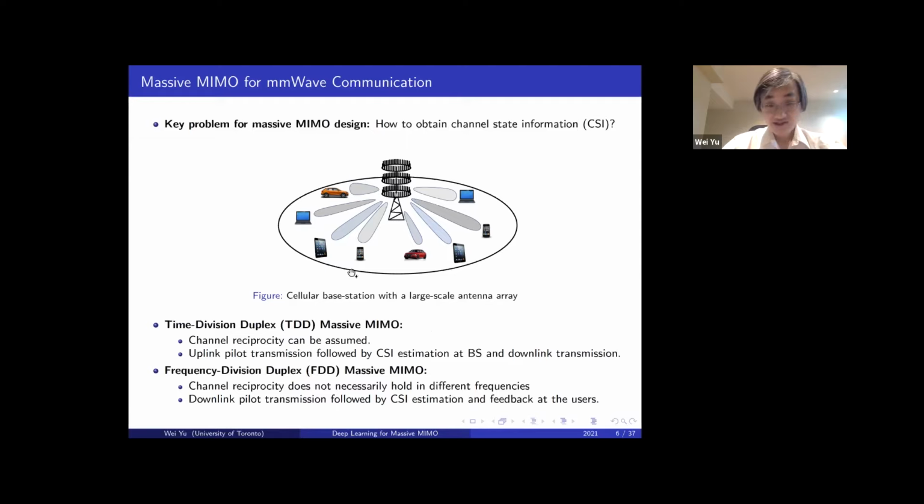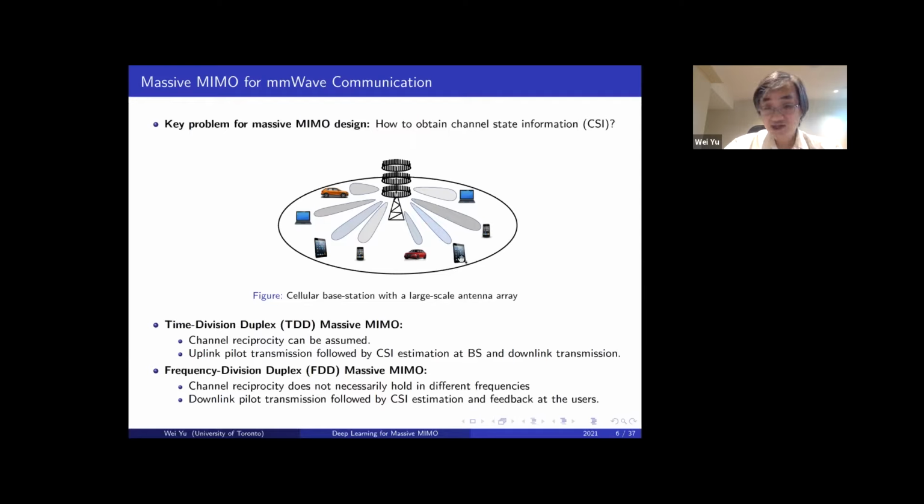But there are also massive MIMO systems where uplink and downlink are implemented in the FDD fashion, in different frequencies. In those cases, channel reciprocity no longer necessarily holds across different frequencies. So what we need to do is channel estimation in the downlink. The base station will transmit a downlink pilot, that's received by the user equipment, and the users will estimate their own channel.